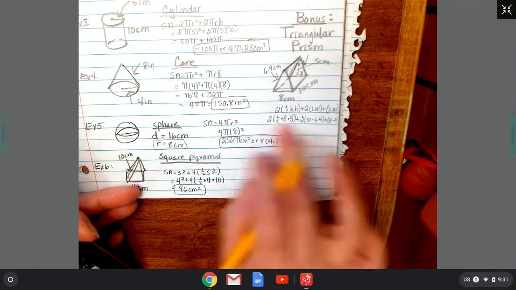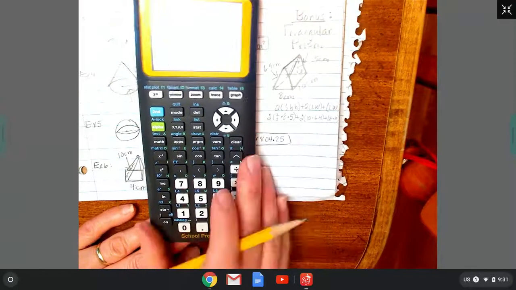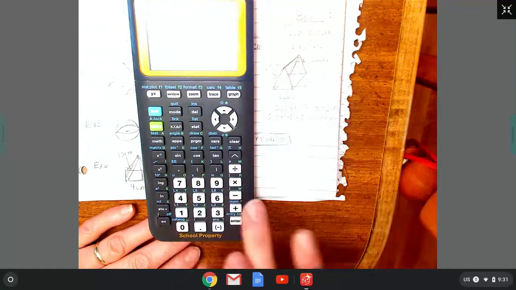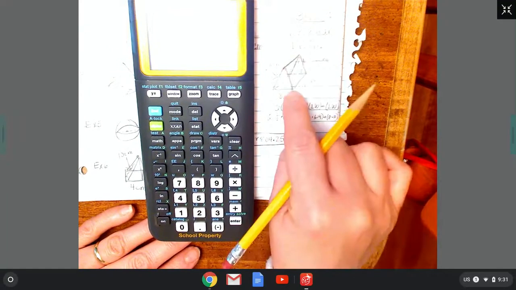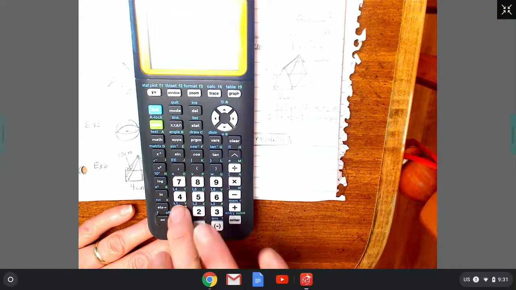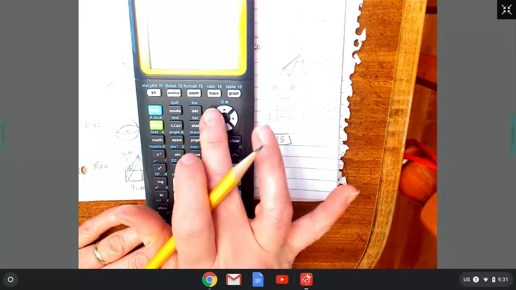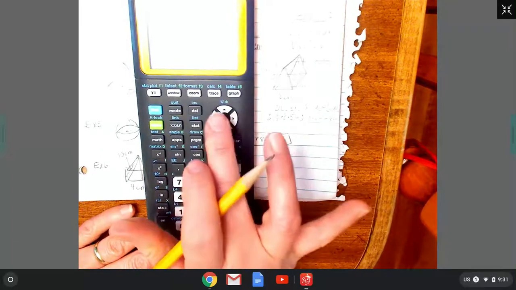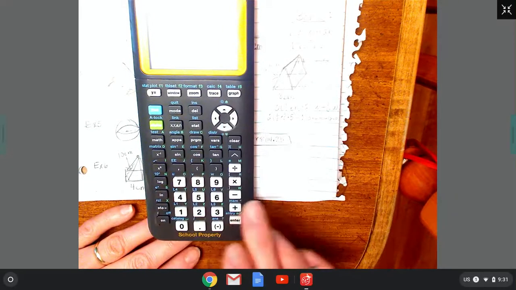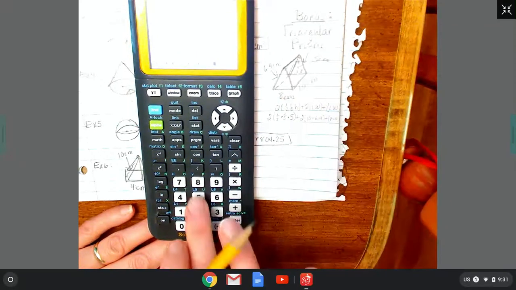All right, so I'm going to type all that in together. So there's 2 triangles, 1/2 times the base and the height of the triangle, plus there is these sides, 2 rectangle sides that are the same on this one, so 2 times 10 times 6.4. Okay, plus there's one more base to this, 8 times 10.